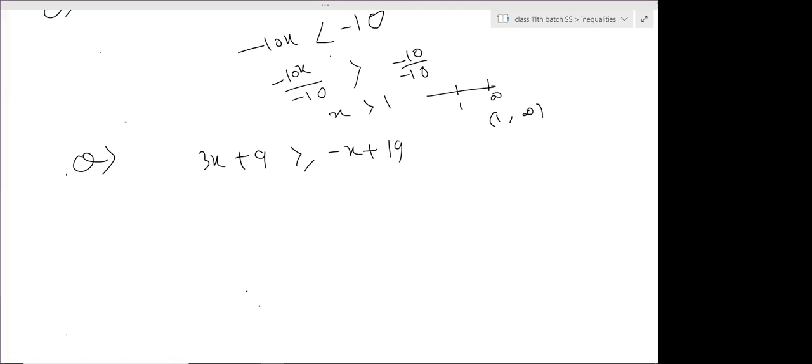Next question. 3x plus 17 is less than equals to 2 into 1 minus x.